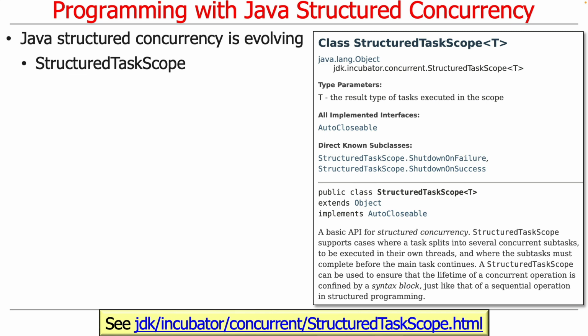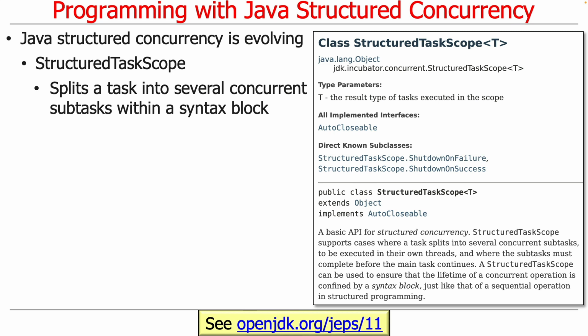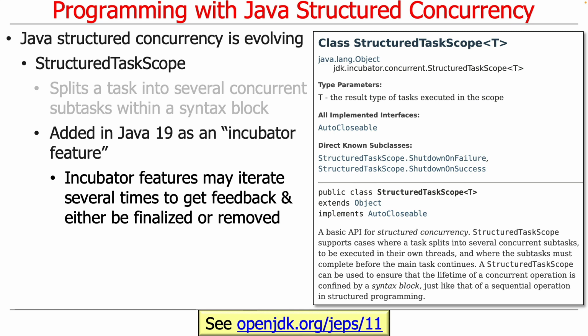The most popular mechanism for doing Java structured concurrency these days is called StructuredTaskScope. It's the basic API for structured concurrency, and it's used to split a task into several concurrent subtasks within a syntactic block. Those are the examples we've been looking at with fork, for example. This was added in Java 19 as an incubator feature, and you can read more about what an incubator feature is at this link.